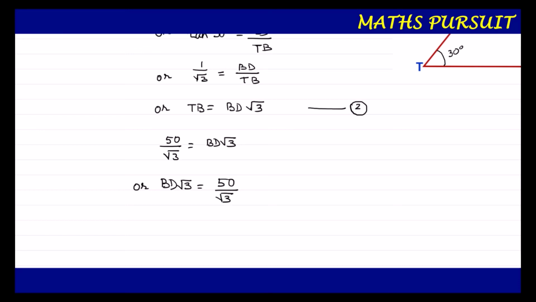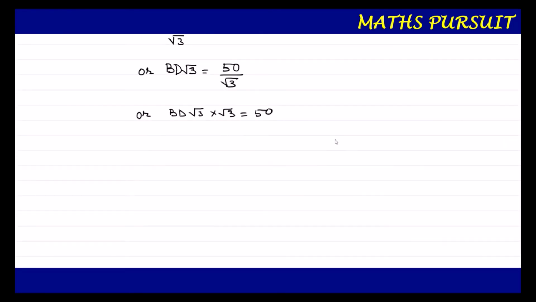Just in order to make our calculations easier, I reverse the things. What did I do? I took BD root 3 to the left side and I took 50 upon root 3 to the right side. Nothing wrong is going to happen if I do like this. Or I can write BD root 3 into root 3 is equal to 50, bringing root 3 from the denominator of the right side to the left side.